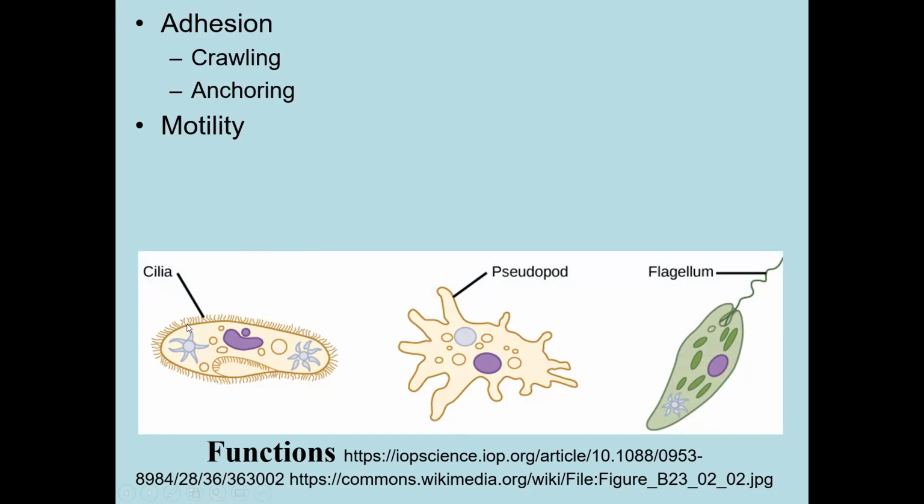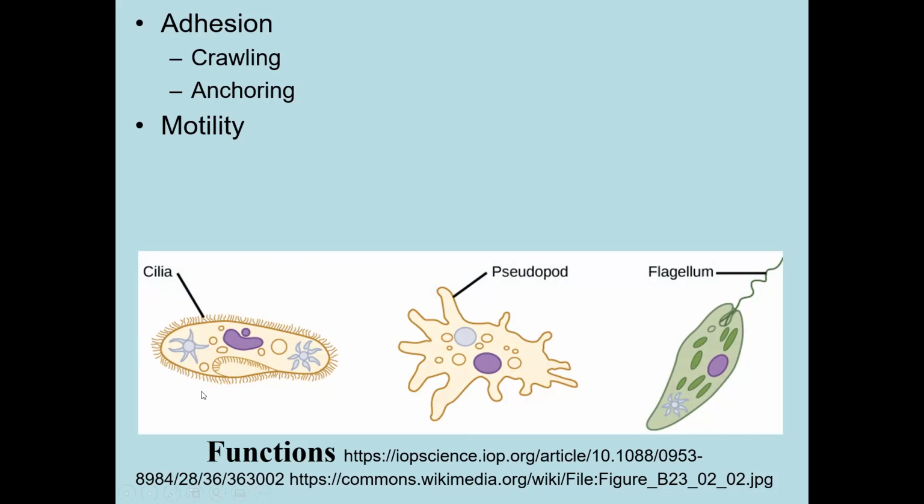So cilia are these bristle-like or hair-like structures that are typically short, that often cover entire organisms. We see these a lot in unicellular aquatic organisms, like certain aquatic protists or protozoans.